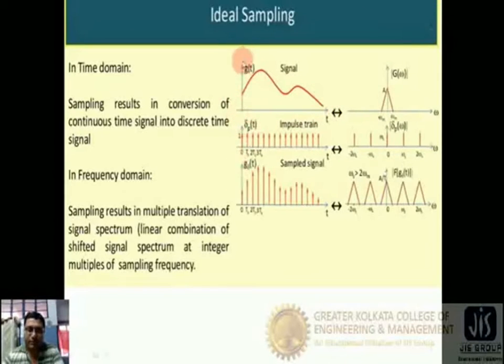So we can see the time domain and frequency domain representations side by side, and get a clear understanding of sampling. It is a continuous input signal, it is a sampled impulse train, and it is a sampled output signal, and the frequency domain representation is like this. Now we'll move to the next slide.